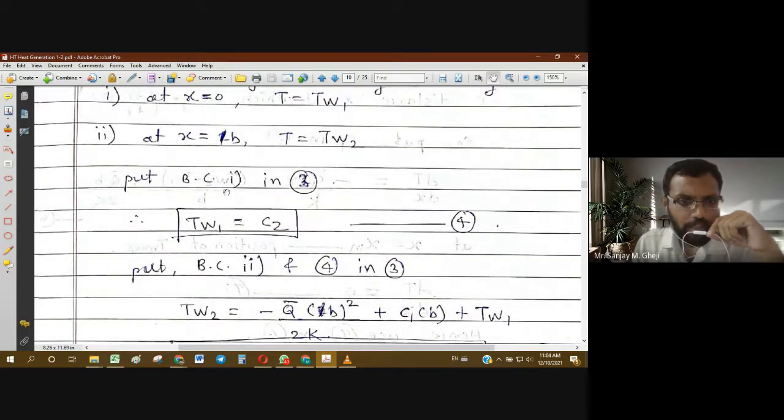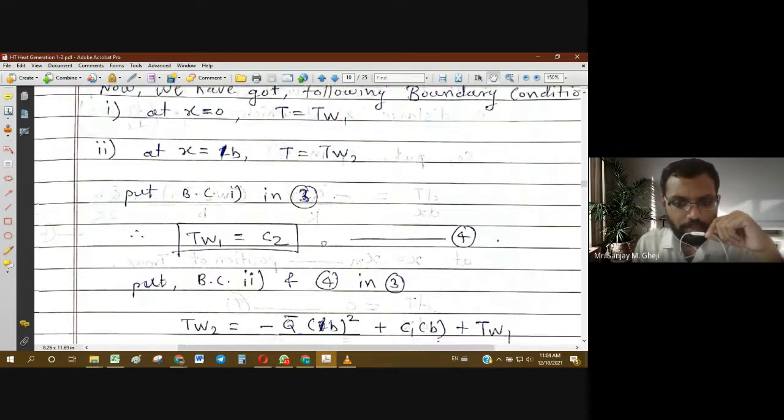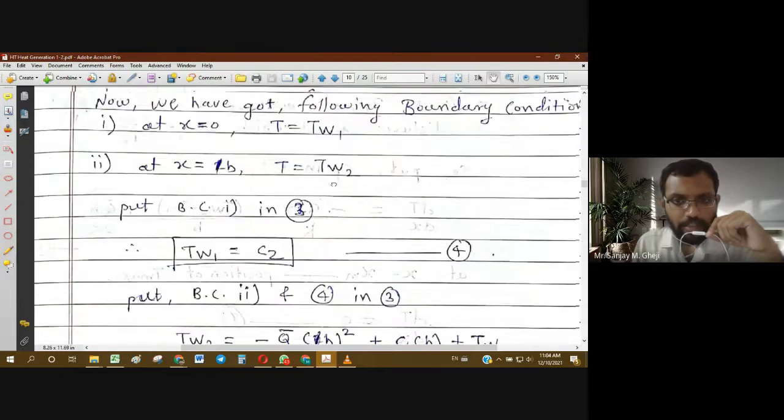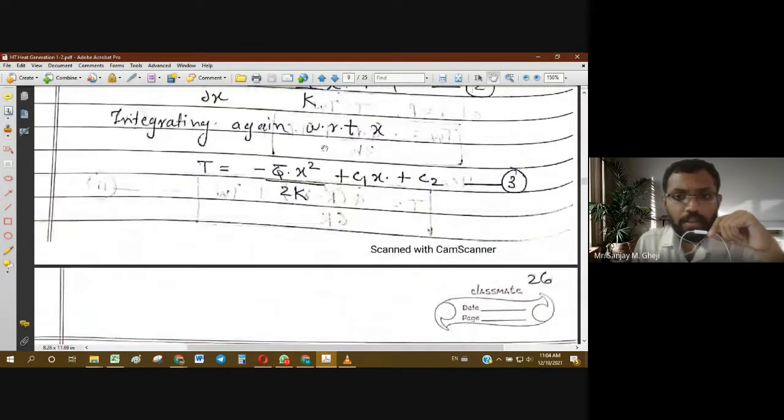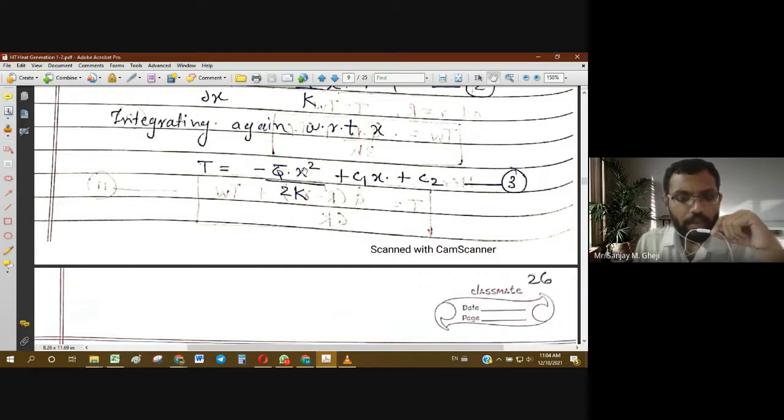Let us put boundary condition 2, that is at x equal to B, temperature is TW2, in equation 3. TW2 is equal to, now we put x equal to B, so minus q bar by 2k into B square plus C1 into B plus C2.